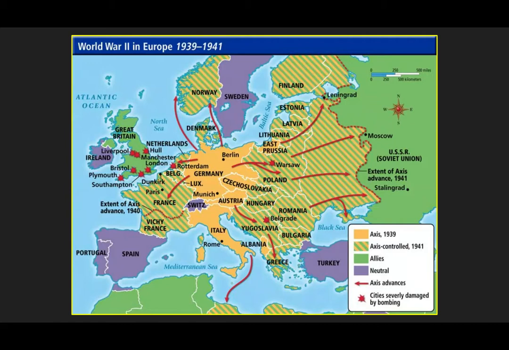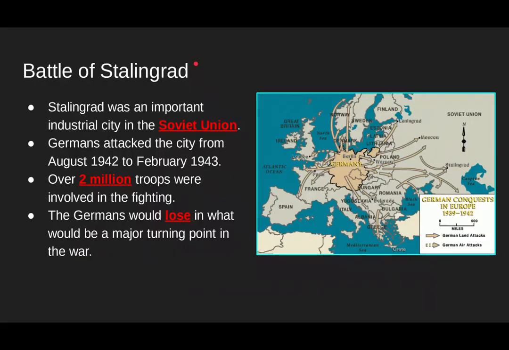Same is happening in Japan during this time as well. But you can see here the extent to which the Germans were able to conquer much of mainland Europe during that time, 1939 to 1941.